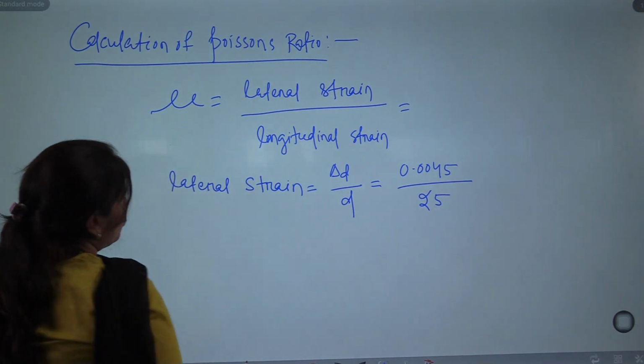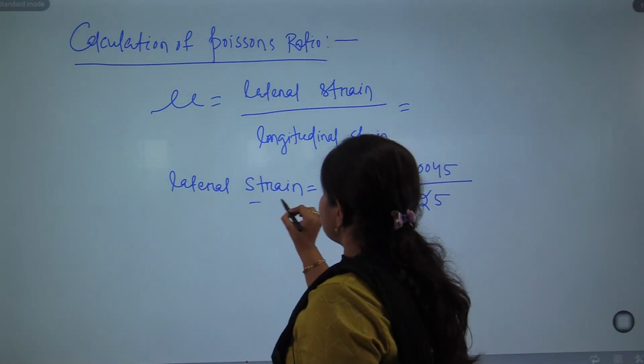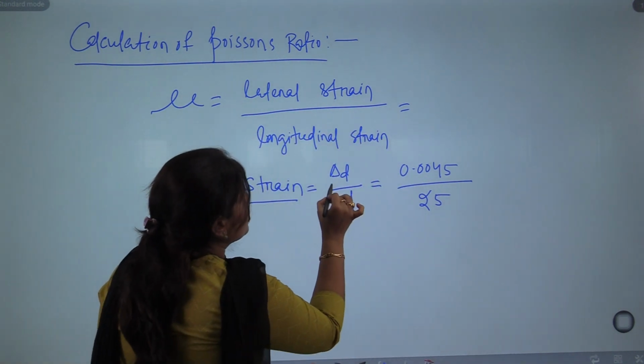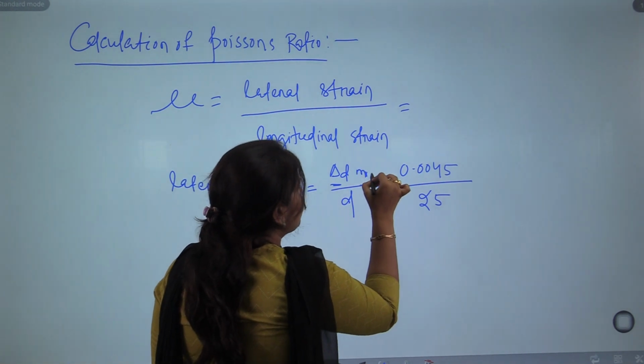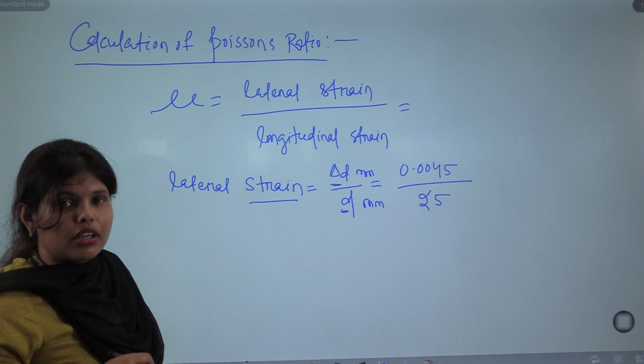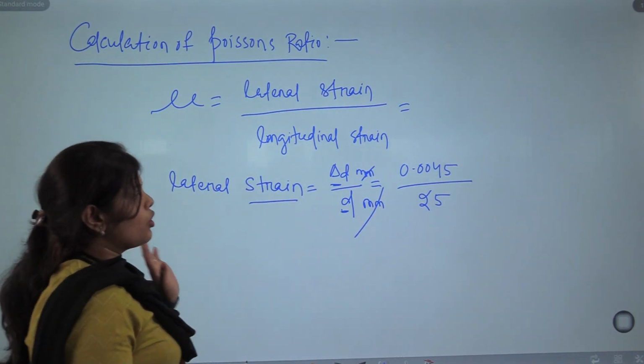From here we can know that strain is always unitless. Why? Because here del D is in mm and D is in mm, so in future they will cancel and strain is always unitless.